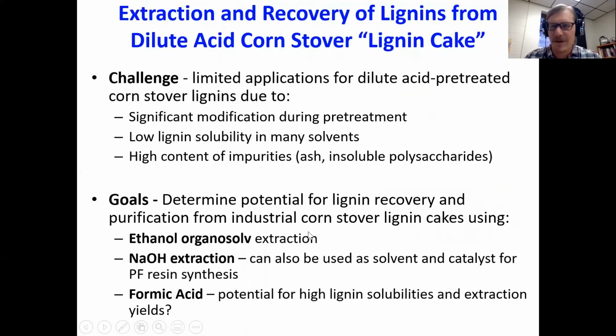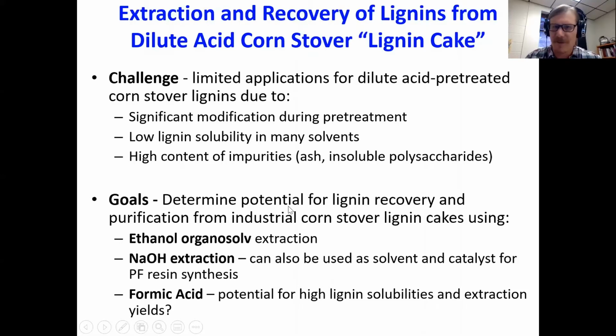In this next part, we want to look at a few different types of lignin cakes. We want to understand the impact of the solubilization approach, the method for extracting and recovering the lignins from the lignin cake, on the lignin properties.